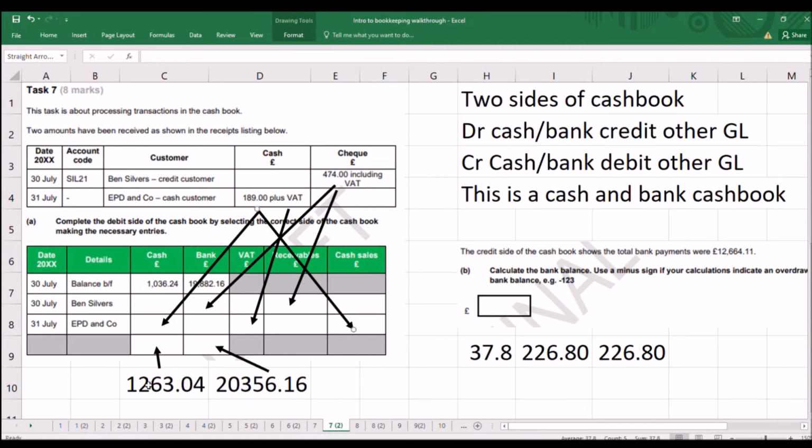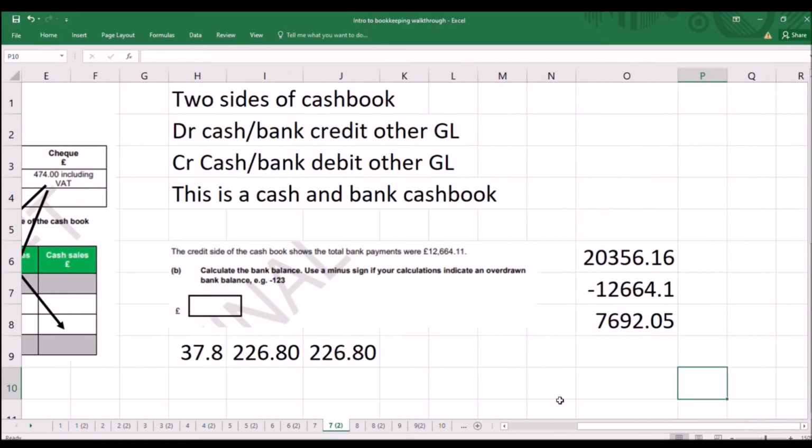Then we total that up. So the total that is 126304, and the total of the bank is £20,356.16. So that's the first bit for that. Then in terms of our bank account, we've got debit £20,356.16. We've got credit 12,674, so that would be slightly.